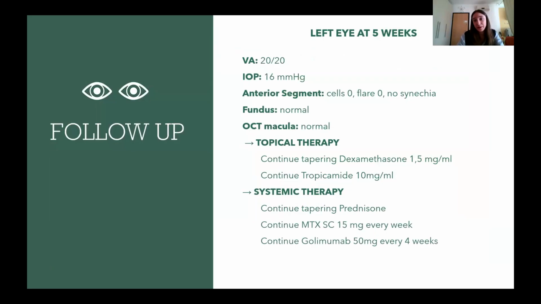This is the ocular examination at 5 weeks from the event, and his best corrected visual acuity was 20/20. The anterior segment shows no inflammatory activity, and we continued with tapering topical and systemic therapy.